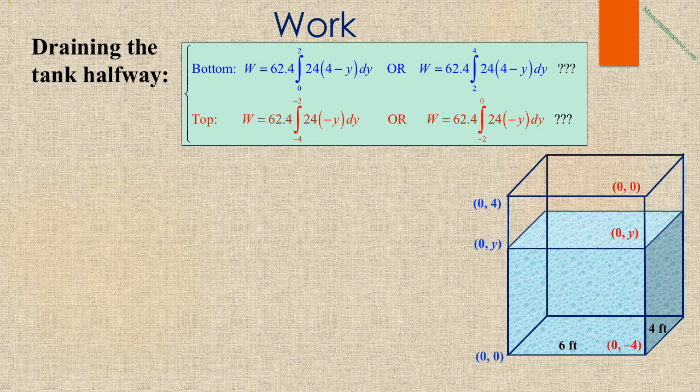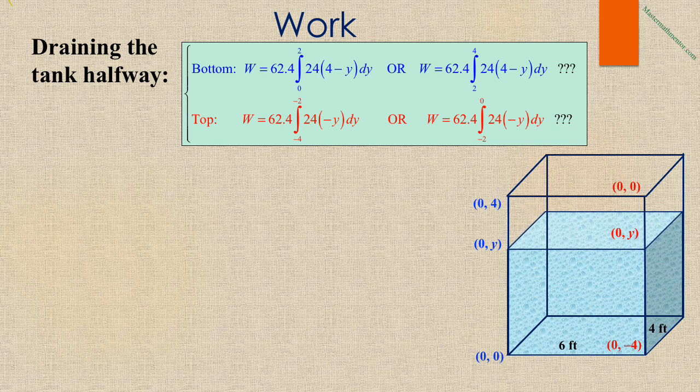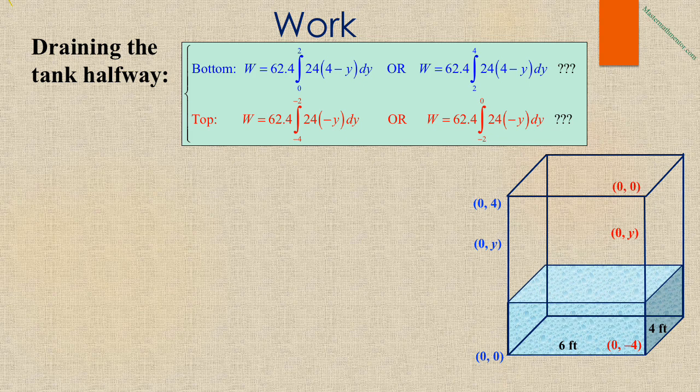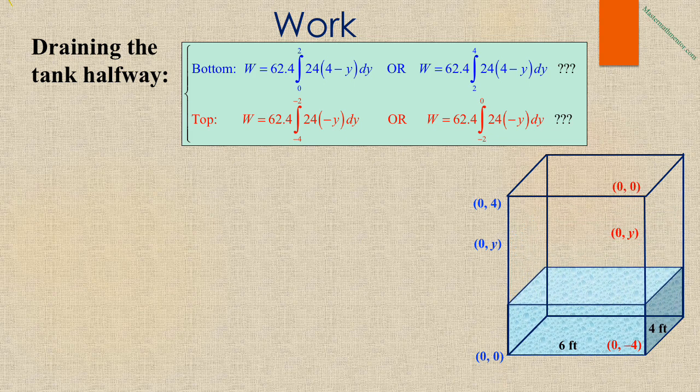But what if we only want to drain the tank halfway? If we place our origin at the bottom, do we integrate our expression from 0 to 2 or 2 to 4? If we place our origin at the top, do we integrate from negative 4 to negative 2, or do we integrate from negative 2 to 0?